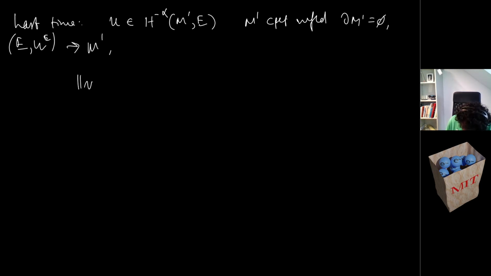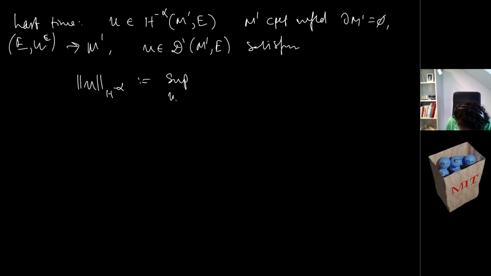To be the elements, so these are the u in D prime M prime E, satisfying finite H minus alpha norm. So this is the definition of the norm. This is where we take a v in H alpha 0.